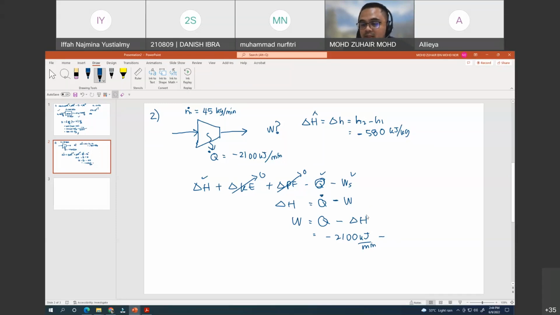So the mass flow rate is 45 kg per minute times delta H, which is negative 580 kilojoule per kg.